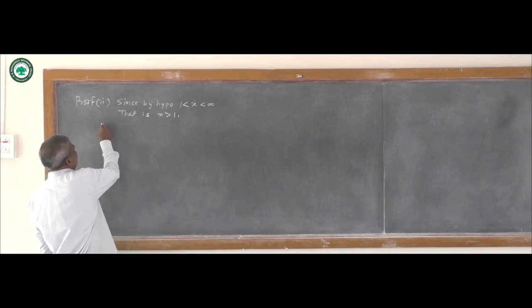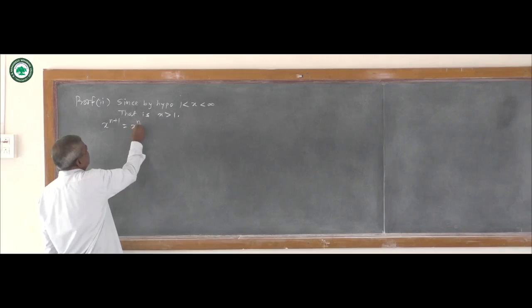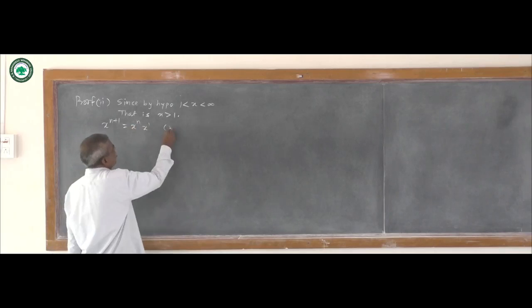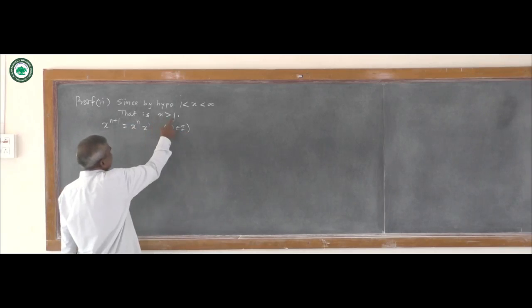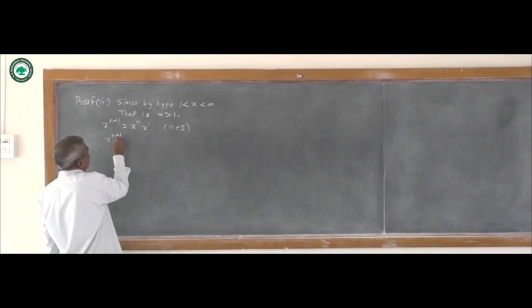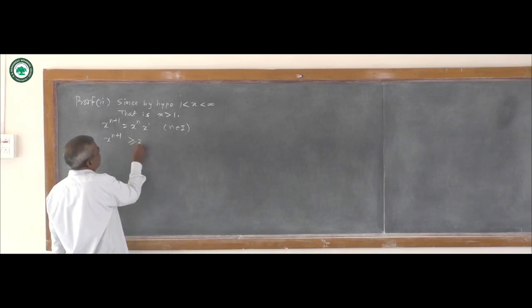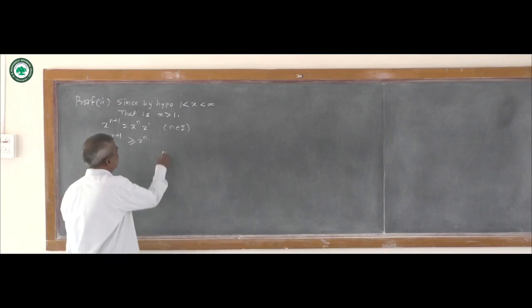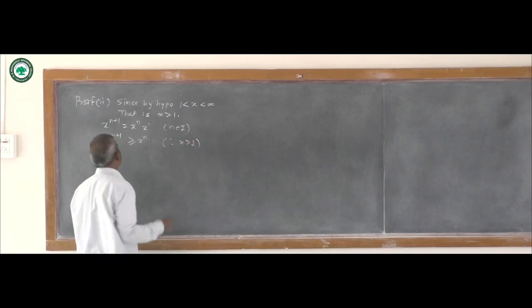By law of indices, x raised to n plus 1 is equal to x raised to n into x raised to 1, for every n belongs to I. Since x is greater than 1, x raised to n plus 1 is greater than or equal to x raised to n.